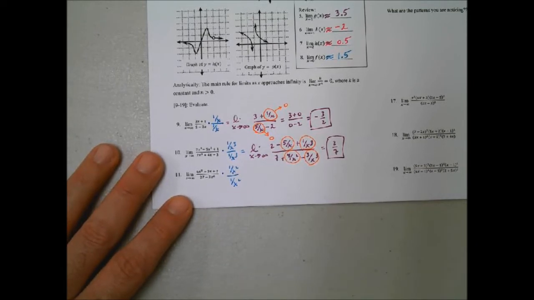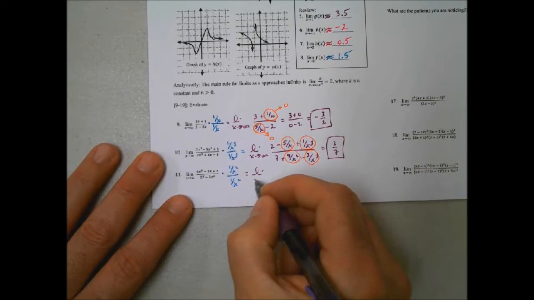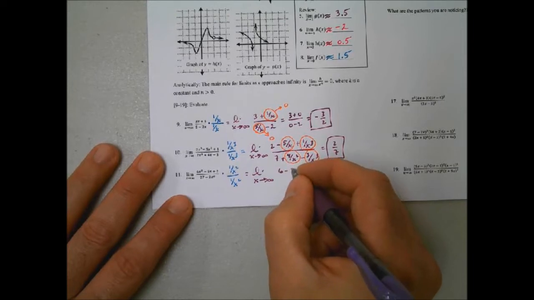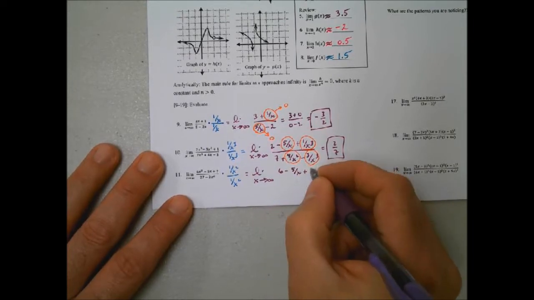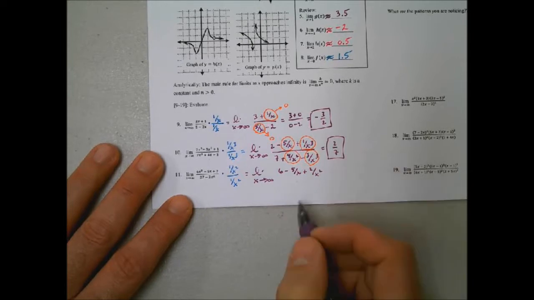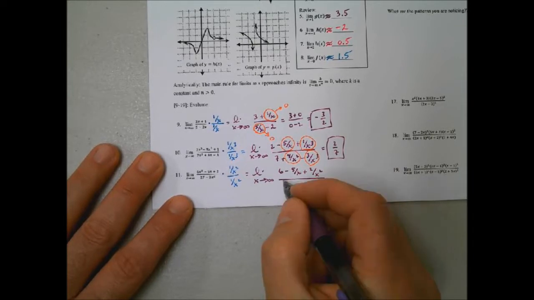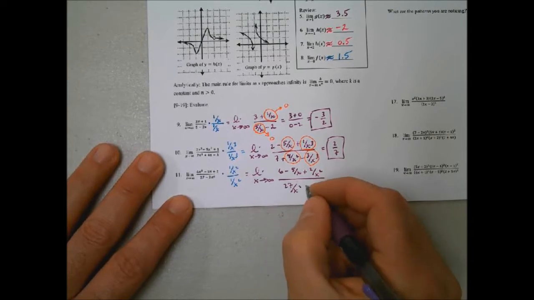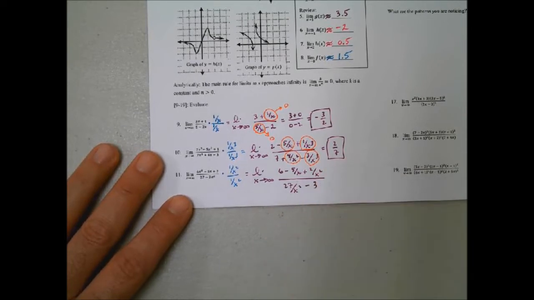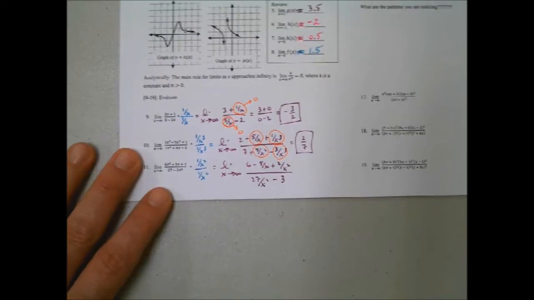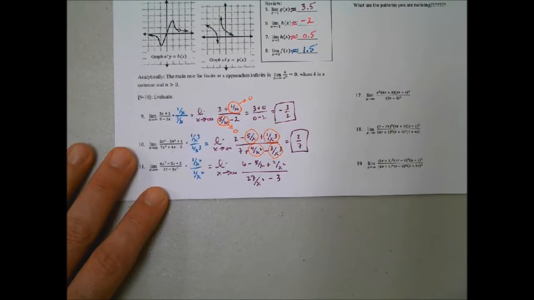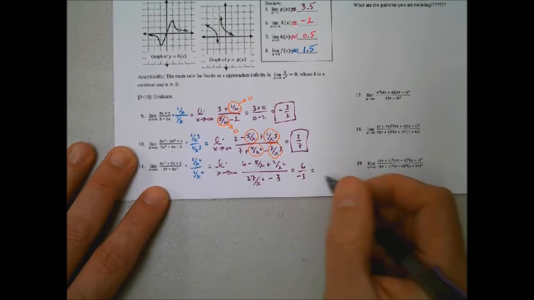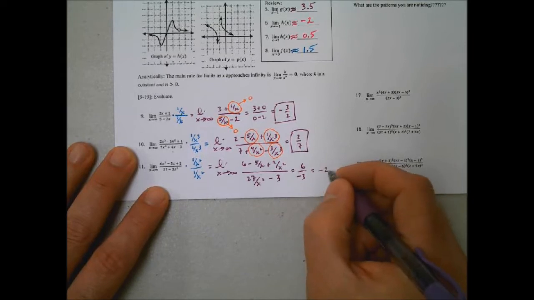And if I do that, I get the limit as x approaches infinity of 6 minus 5 over x plus 2 over x squared, all over 27 over x squared minus 3, which is 6 over negative 3, and always reduce, negative 2.